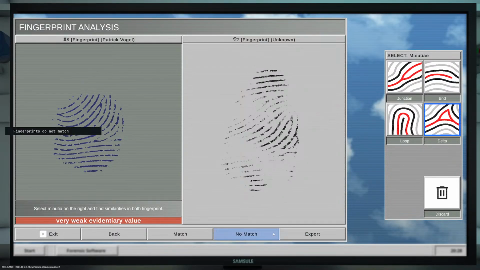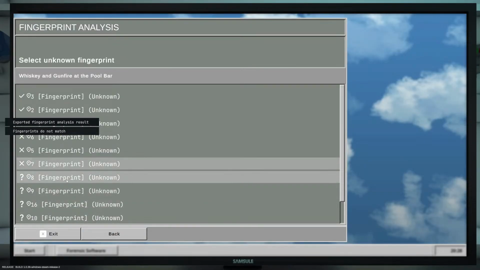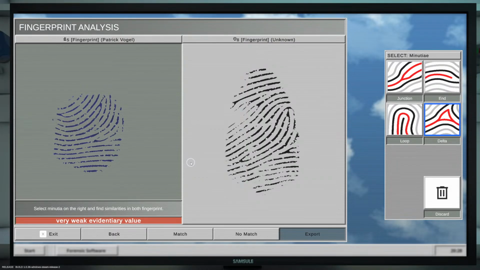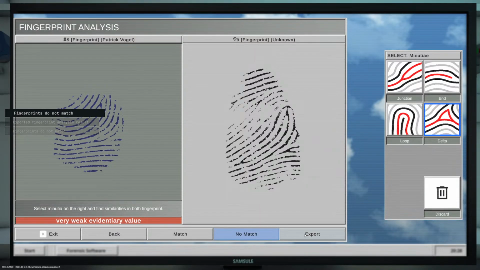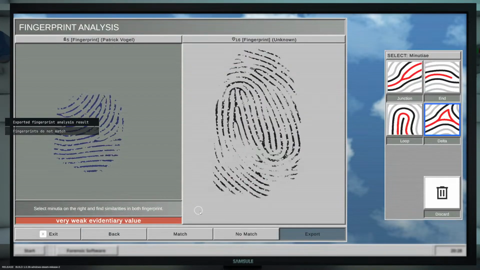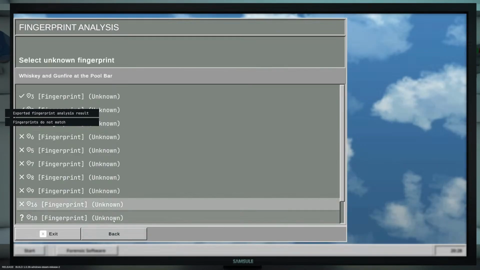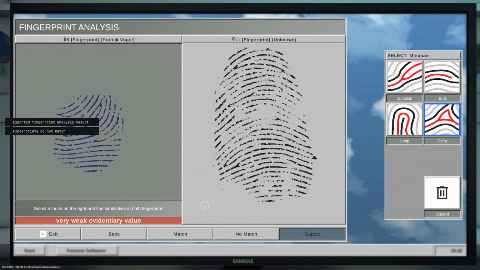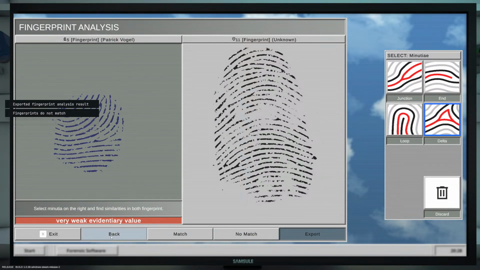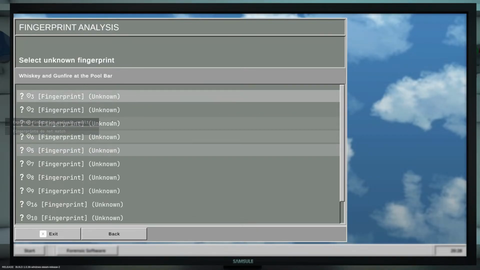I'm gonna go no match though. No match. No match. And a no match. Nice and easy. I like when they're quick. Alright, let's get the last person here.